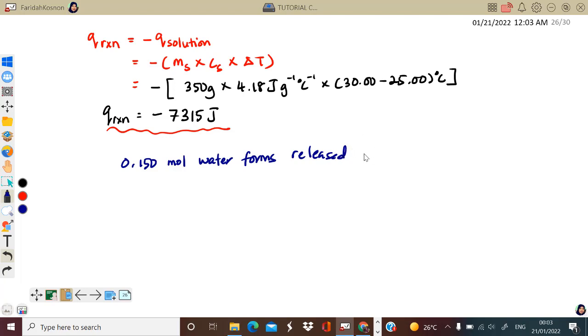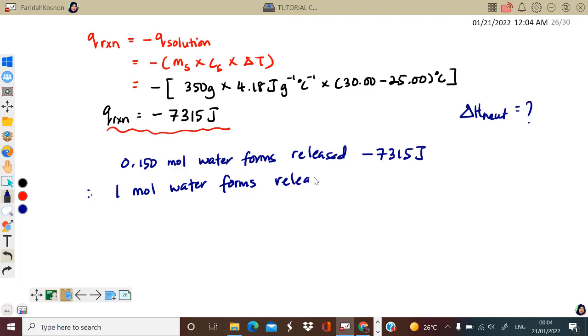Maksud negative 7315 joule. Alright, therefore kalau 1 mole, sebab apa kita nak cari delta H? We are going to determine this one, enthalpy of neutralization ni. So maksudnya kalau 1 mole kan. Therefore if 1 mole of water form, release berapa banyak?